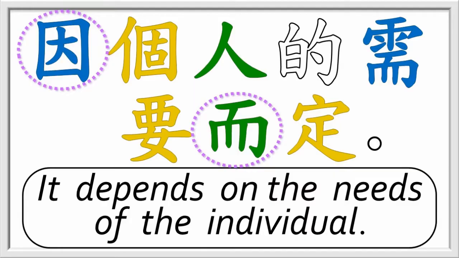Literally, what lies under leads to what follows. This next example shows this expression in two parts. 因个人的需要而定. It depends on the needs of the individual. This could refer to something being custom-made, or even a patient's medical care, anything tailored to the individual.